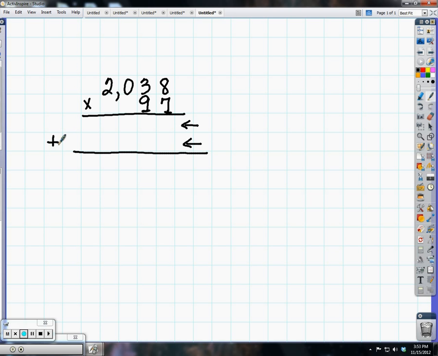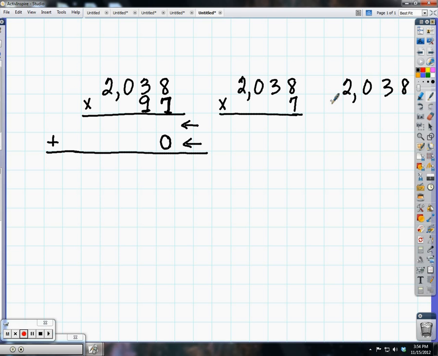On this, I'm going to put my plus sign off to the side so I make sure I have enough room. Immediately on the second line of work, I'm going to put my value giver or placeholder to show that I'm really multiplying by 90. The two separate problems now are going to be 2,038 multiplied by 7 first. Then the second problem will be 2,038 multiplied by 9.